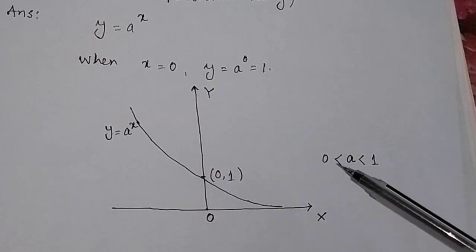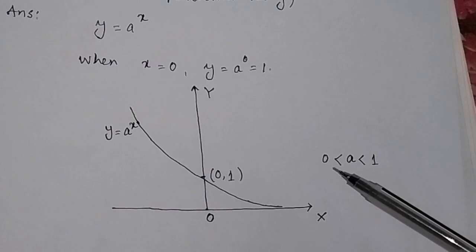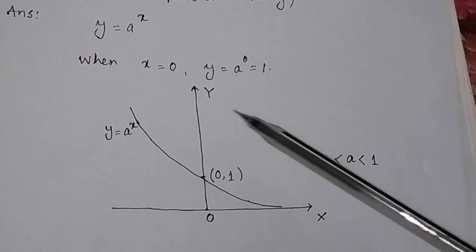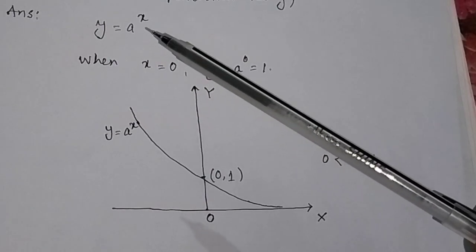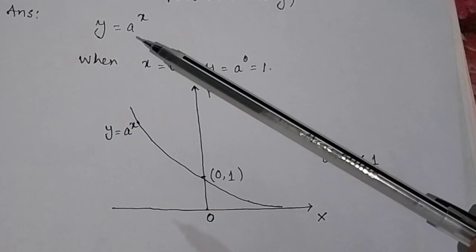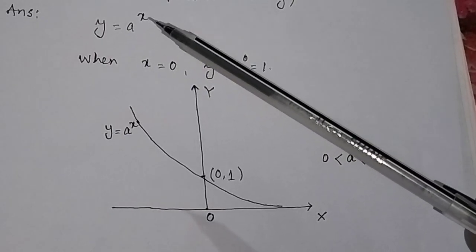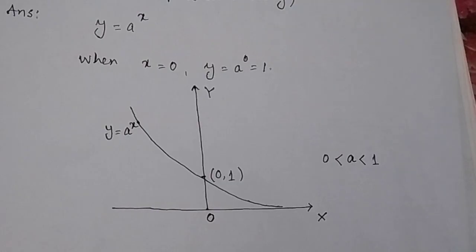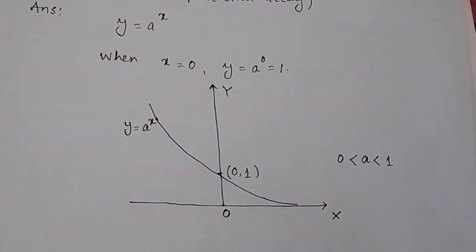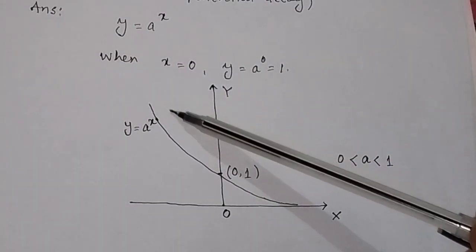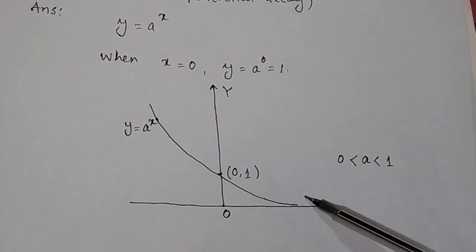Since the value of a lies between 0 and 1, the value of a will be a fraction, and fraction to the power, if you increase the value of x, then this will be the nature of the graph, and this is also called exponential decay.